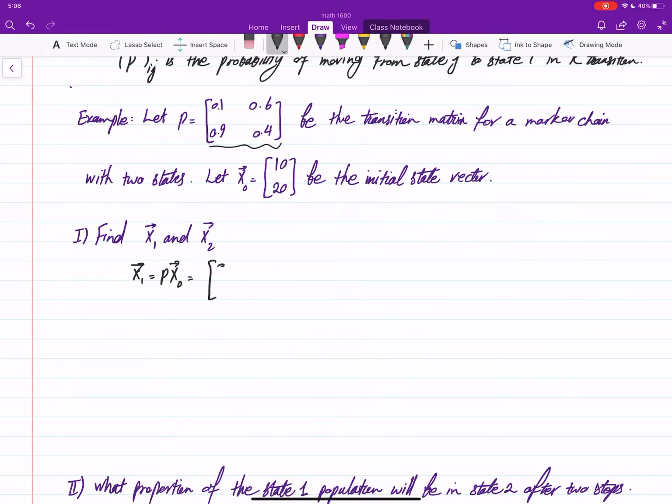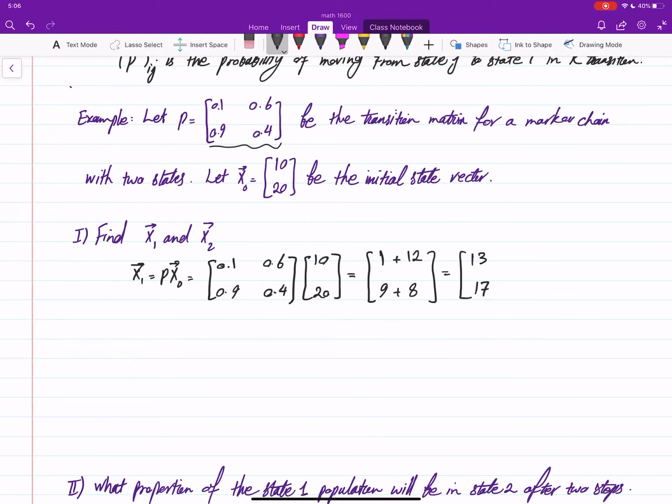This is 0.1, 0.6, 0.9, 0.4 times x0, 10, 20. This is 1 plus 12, which is 13, and 9 plus 8, which is 17.